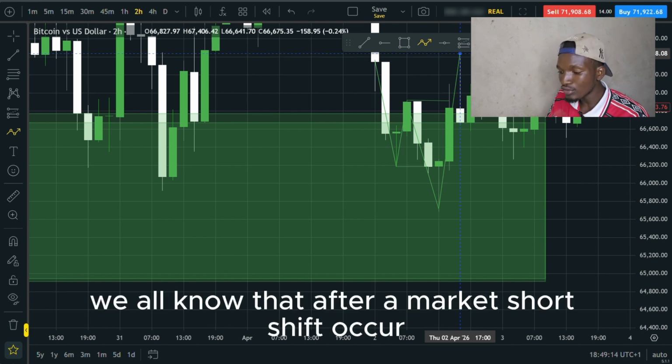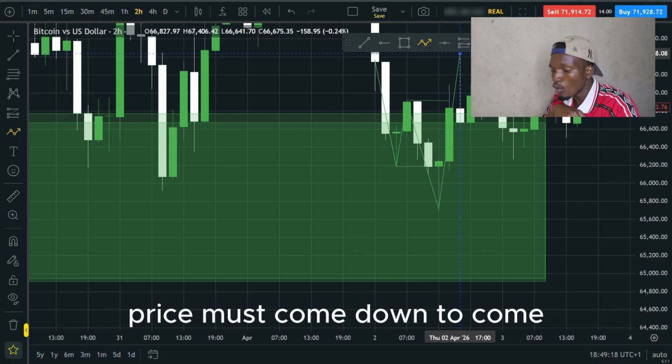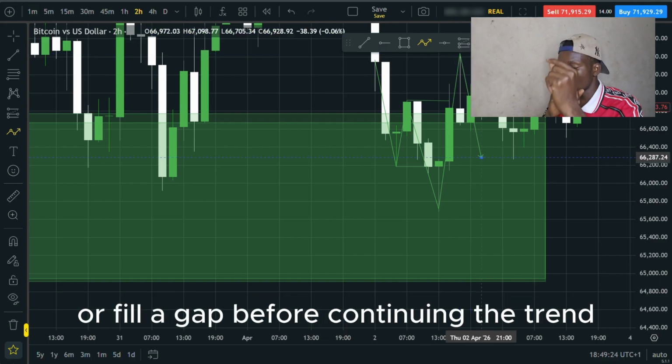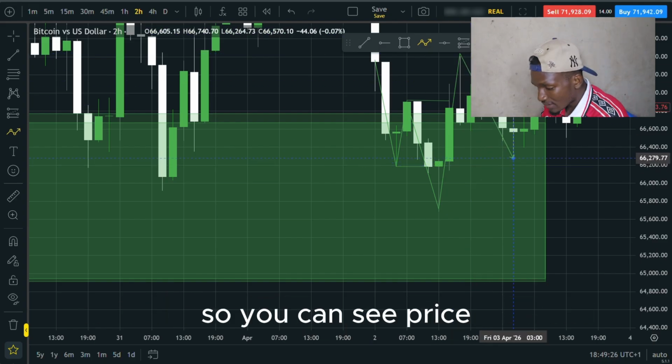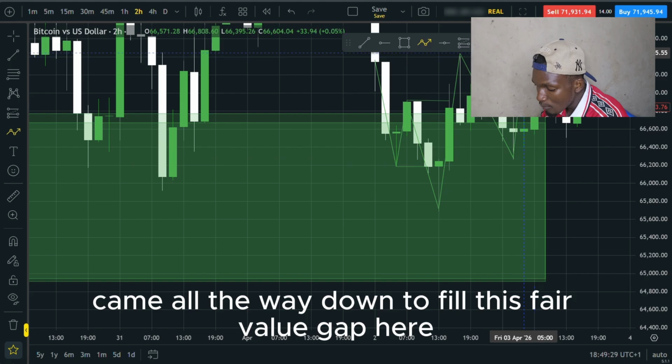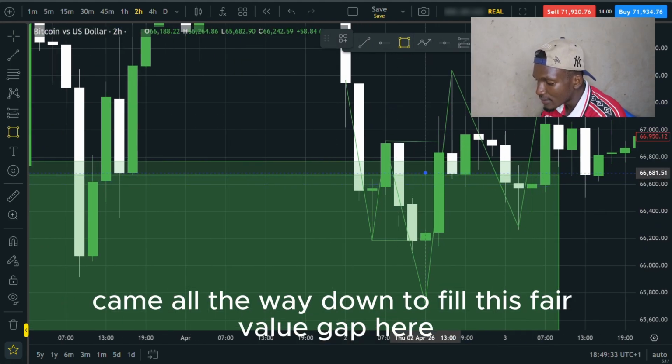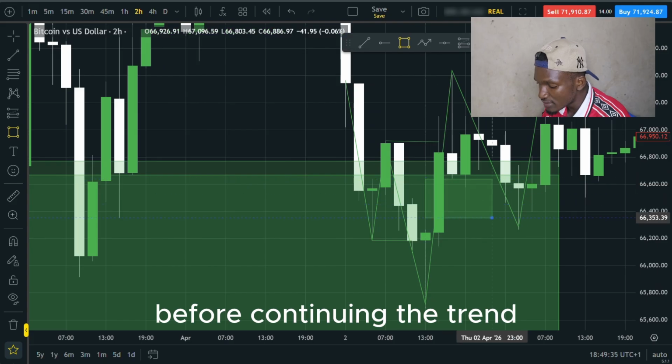And we all know that after a market structure shift occurs, price must come down to retest a valid demand zone or order block, or fill a gap, before continuing the trend. So you can see price came all the way down to fill this 2-hour fair value gap here before continuing the trend.